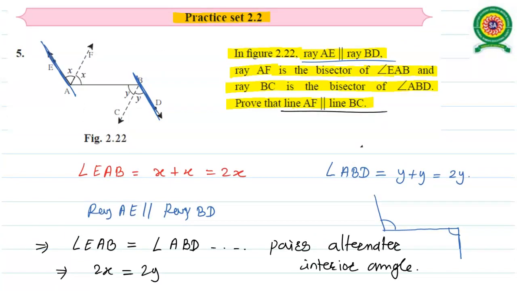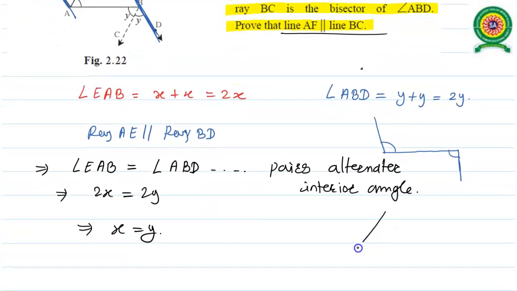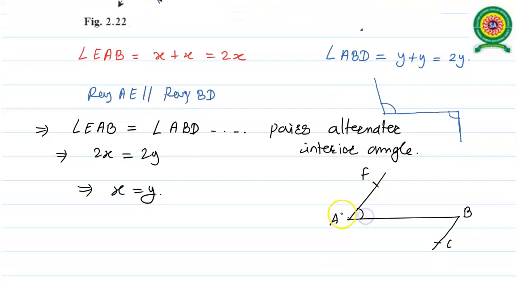Now forget about the whole figure. We have somewhere the point A, here F, here B, and here somewhere we have C. The angle FAB we have as X, and angle CBA or ABC we have as Y. So look at this figure only, it is some part of the given figure.